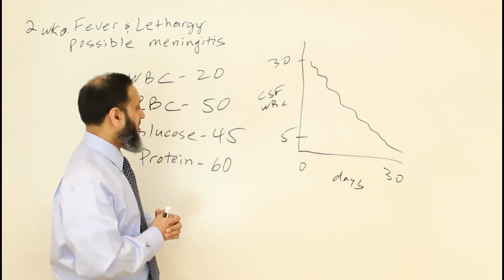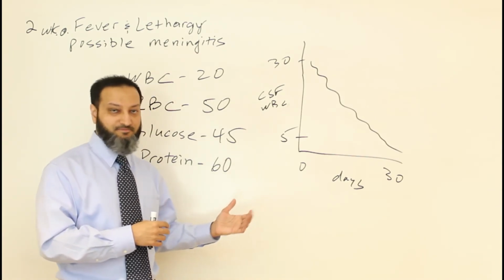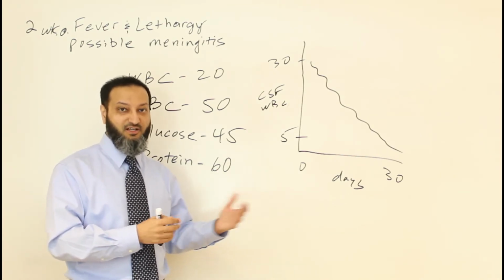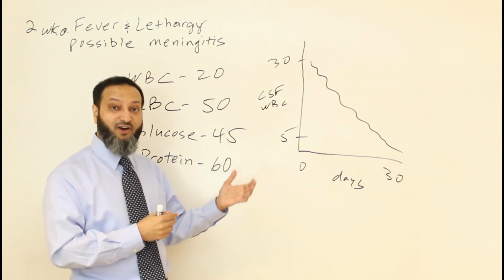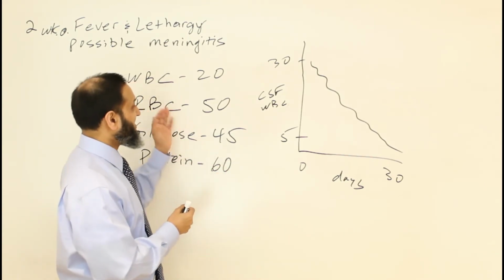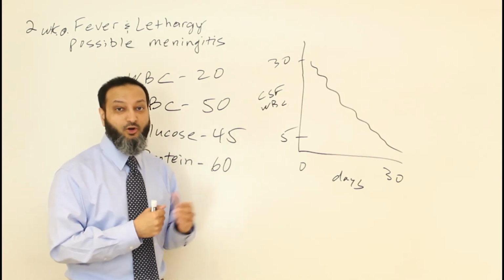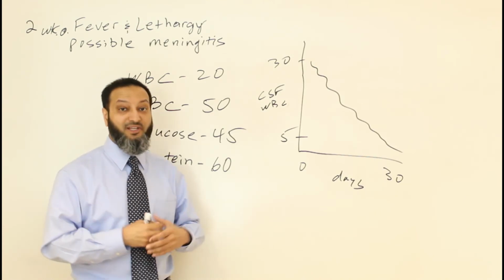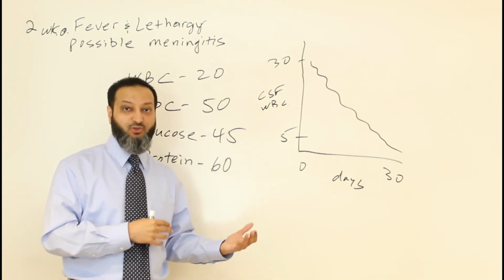So what would be the cause of this child's viral meningitis? You might think it's enterovirus, but it's not actually. The most likely cause of this child's viral meningitis is going to be herpes. This is a CSF consistent with herpes meningoencephalitis. So herpes can give you something called a hemorrhagic meningoencephalitis.